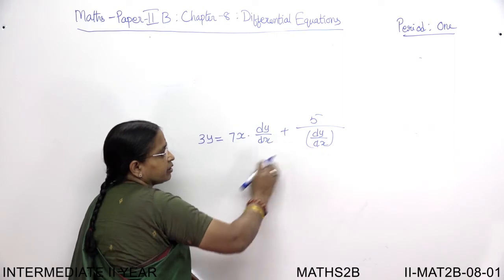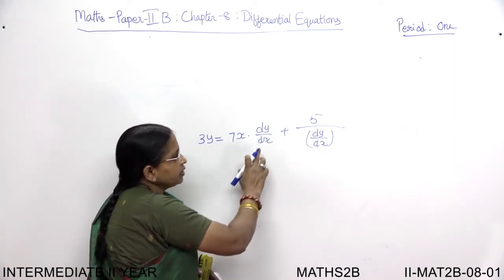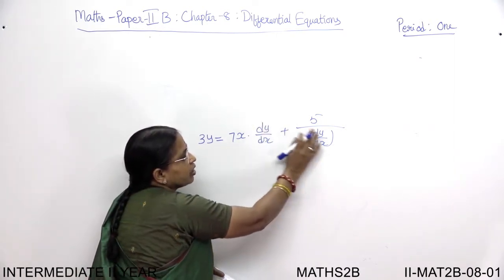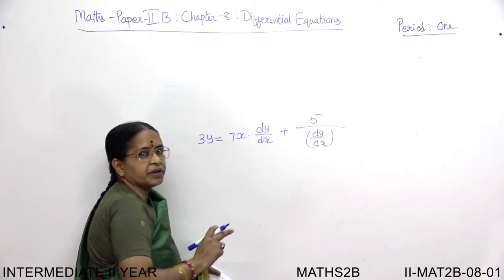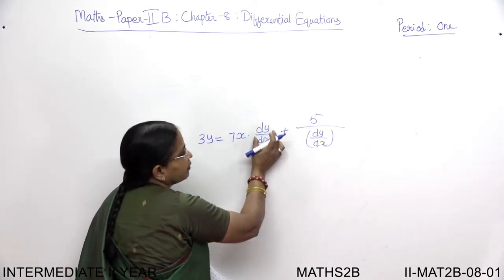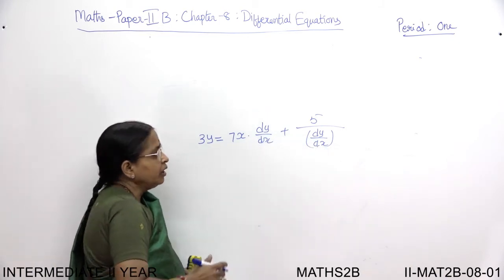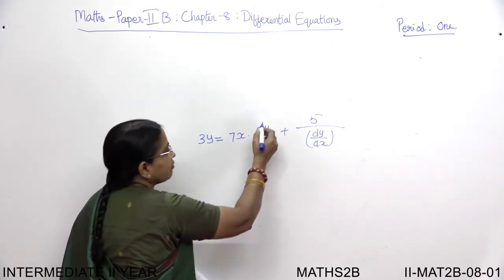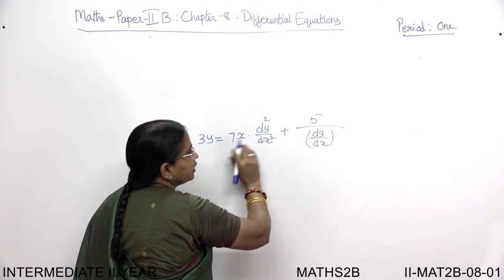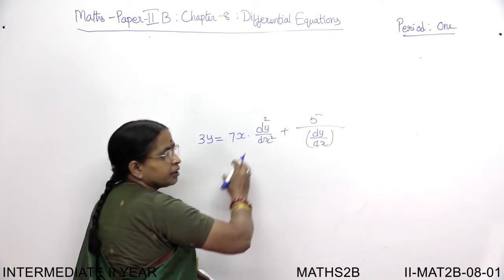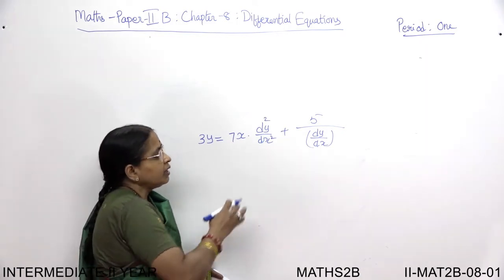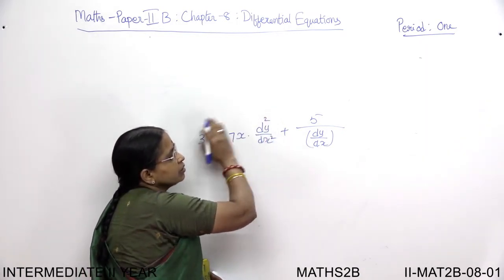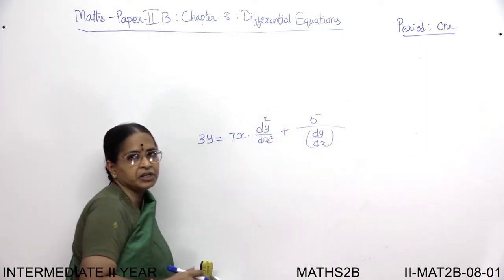It has derivatives. Now this equation has only the first order derivative, so this is called a first order differential equation. First order means dy by dx only. If it contains d square y by dx square, then that highest order derivative occurring in the equation becomes the order of that differential equation.